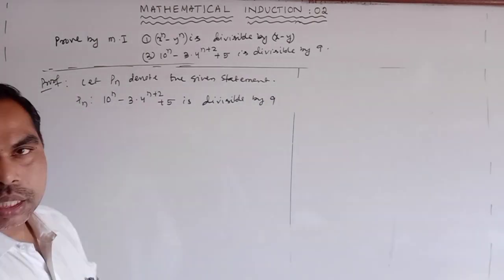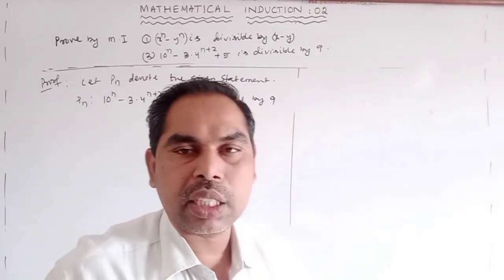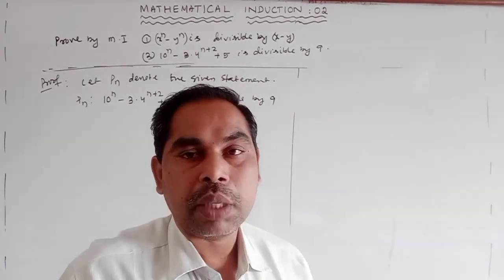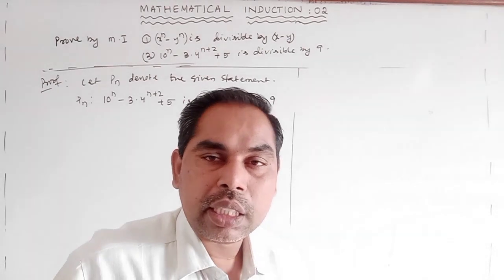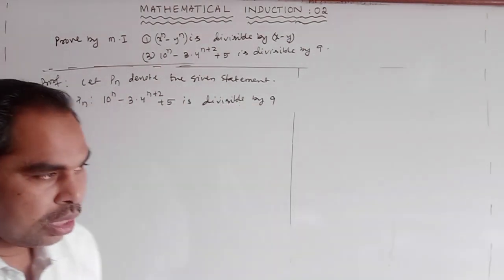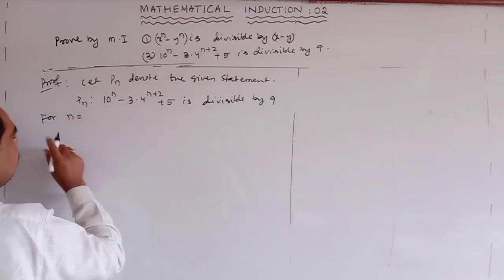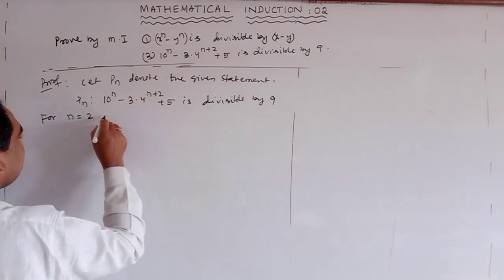So first test whether it is divisible by 9, first for n equal to 1 or 2. First check whether it is divisible by 9 or not. Okay, so for n is equal to 2.